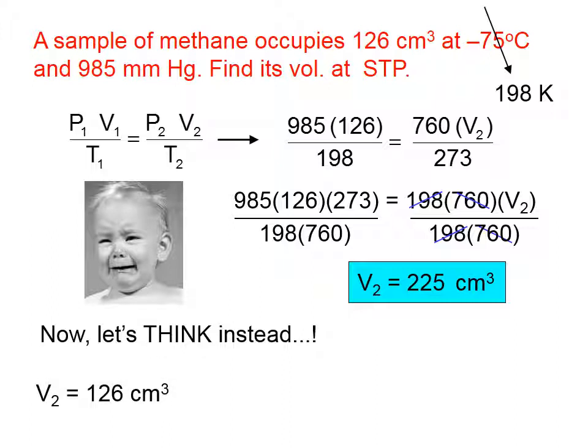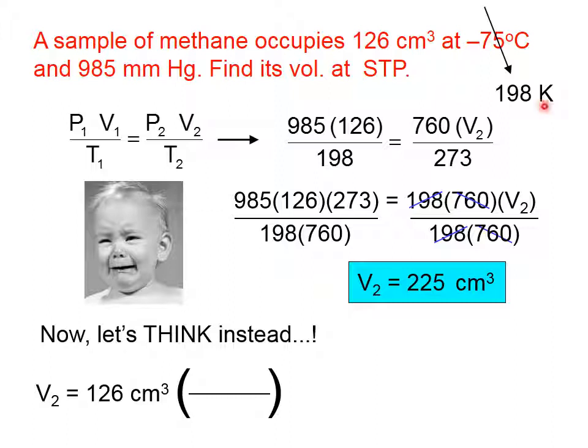We know that we need to calculate a new volume. So we set this unknown new volume equal to the initial volume. Now what we do is we put a fraction there and we ask ourselves, let's do temperature first. What happens to the temperature in this problem?